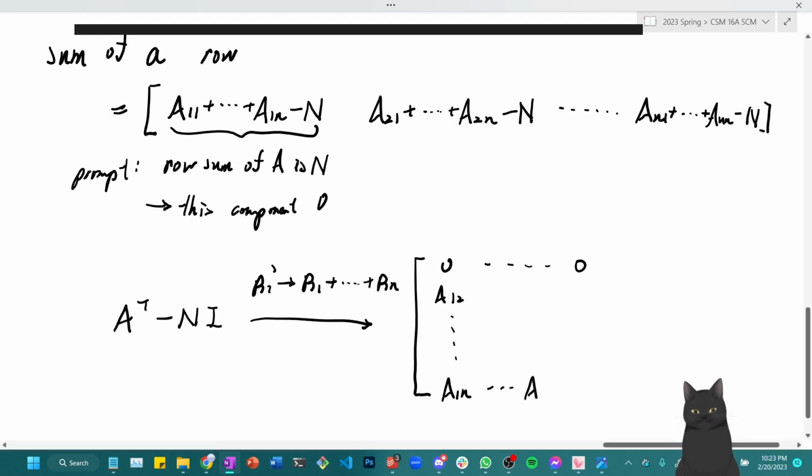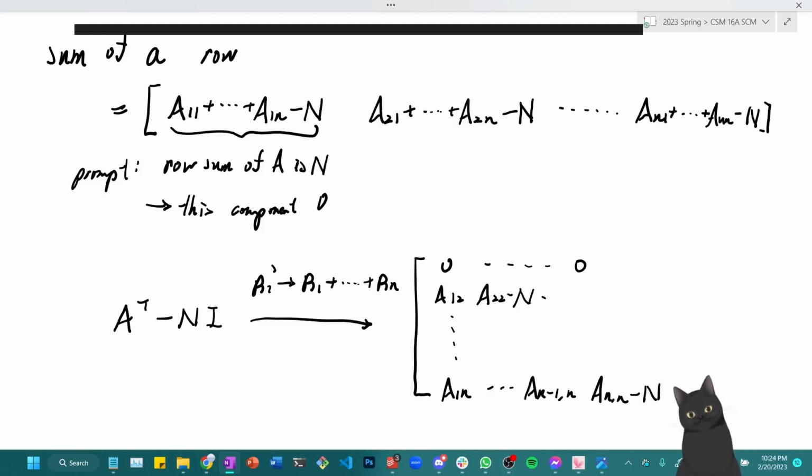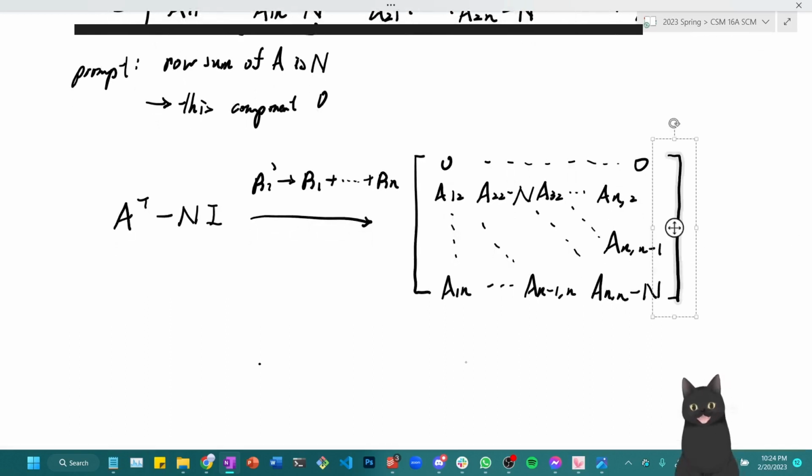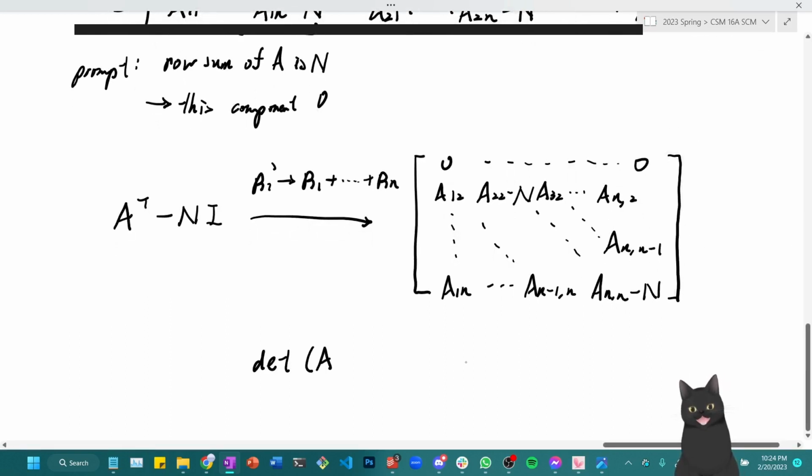Let me write this out very clearly so that it is viewable. This is a22 minus n, and we go from a32 to an2, and we have a lot of terms in between that can be expressed in diagonals, and the last term here is n, n minus 1. And mind that since the first row is equal to 0, the determinant of this entire matrix would then have to be 0.